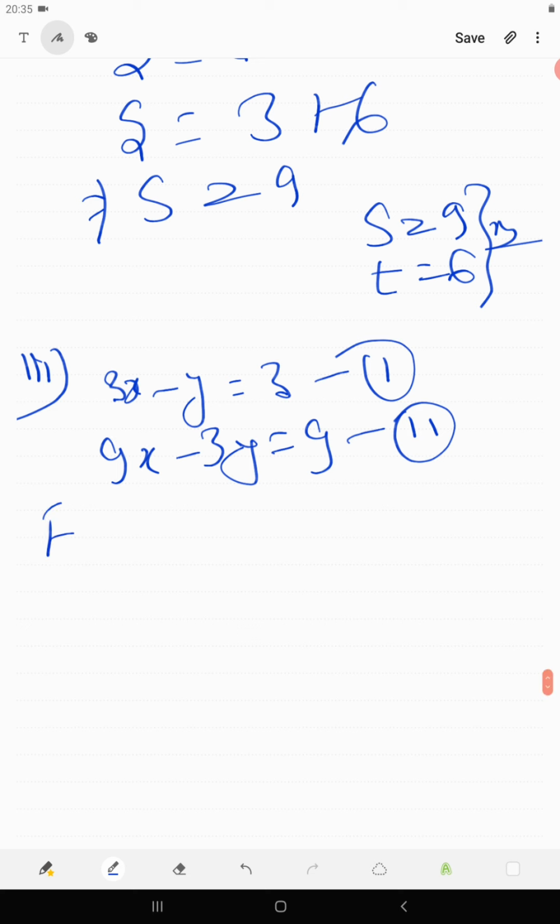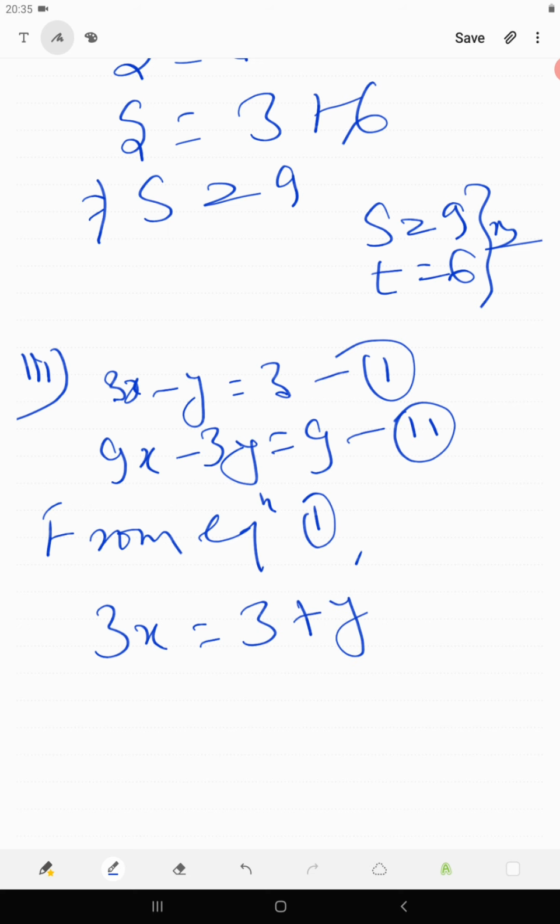Okay. Now, from equation 1, what will we get? 3x equals 3 plus y.